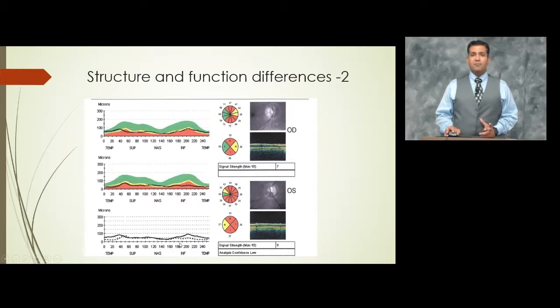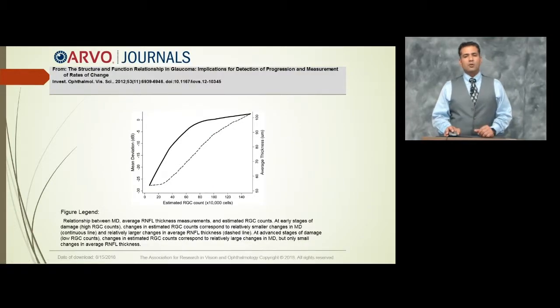Well, what happened? Well, we do know from various studies, and here I am showing a graph from Felipe Medeiros' paper. You have estimated retinal ganglion cells and mean deviation along y-axis. In early glaucoma, what we find is that the ganglion cells are dying at a steady rate, and the visual field is almost stable for a little while.